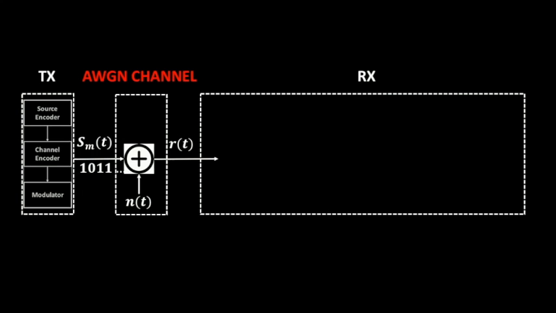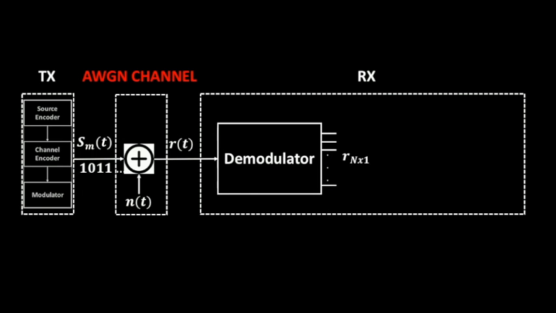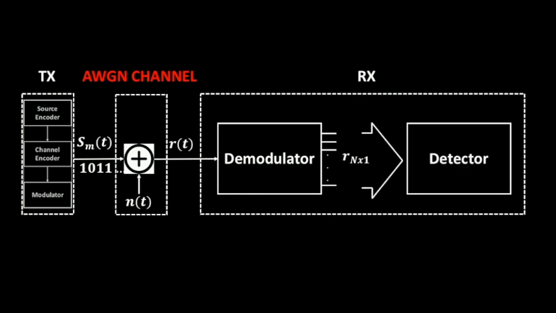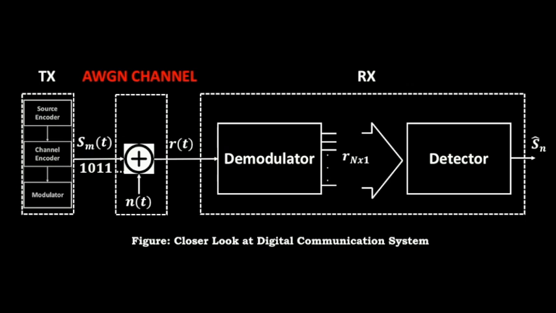At the receiving part, we are going to do two processes: demodulation and detection. After detection, we're going to have a value which represents s_n hat, and this s_n hat is simply the approximation of our signal. Our target is that this s_n hat should be the same thing as s_m(t). This is a closer look at our digital communication system.